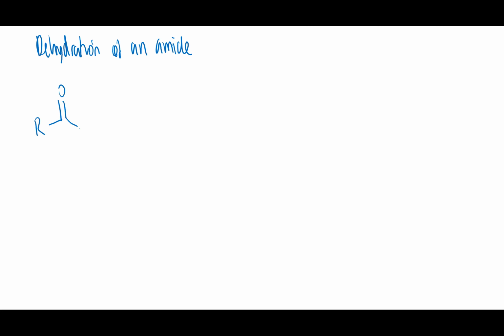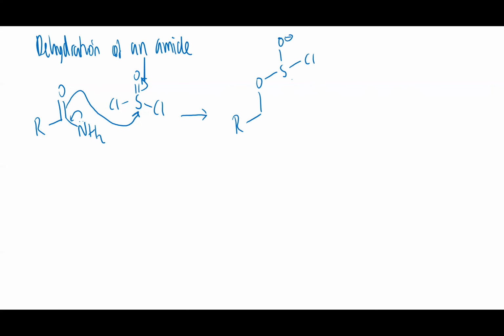First step is the amide acts as a nucleophile on our thionyl chloride. And just like when we've used thionyl chloride before, we're setting up a situation where we have a really nice leaving group.